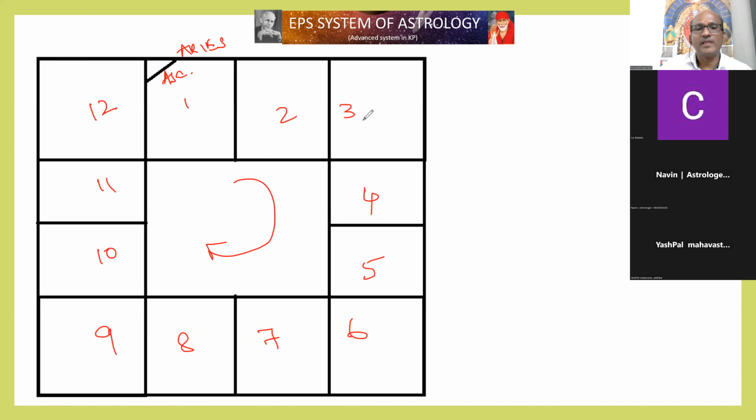So now, for example, person A was born at 6 o'clock in the morning on a particular day.